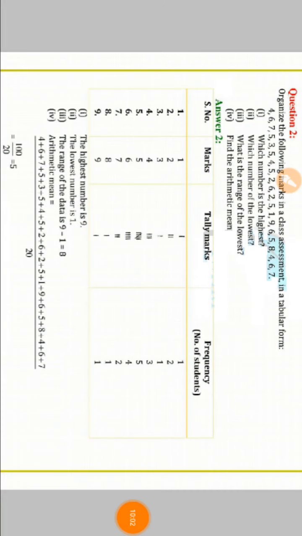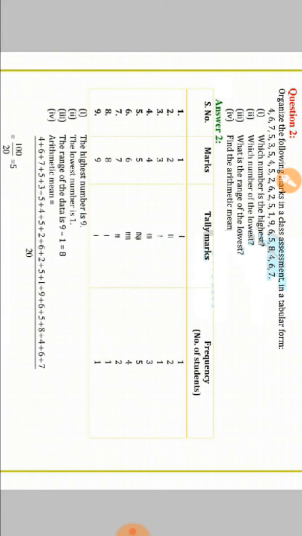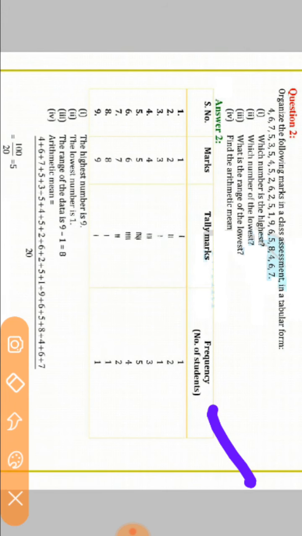Now all these I have taken in tally marks. How many tally marks here? Only one, it is 2, it is 1, it is 3, it is 5, it is 4, it is 2, it is 1, 1. So this we can take as a frequency. Tally marks are only lines, because writing the number 1 repeatedly is not easy.